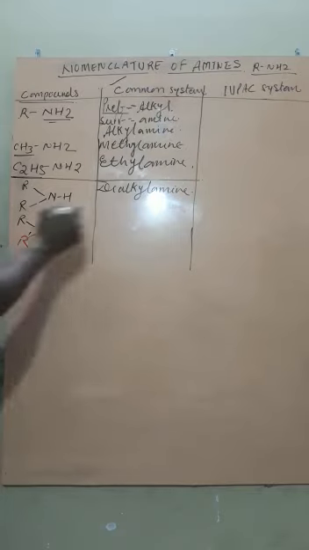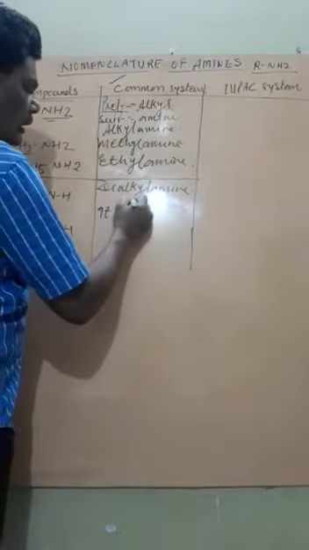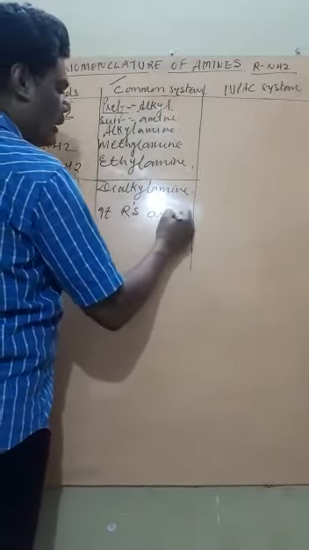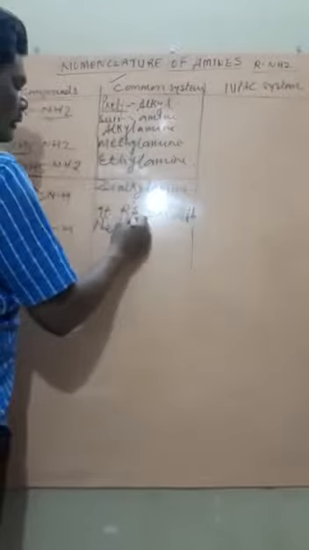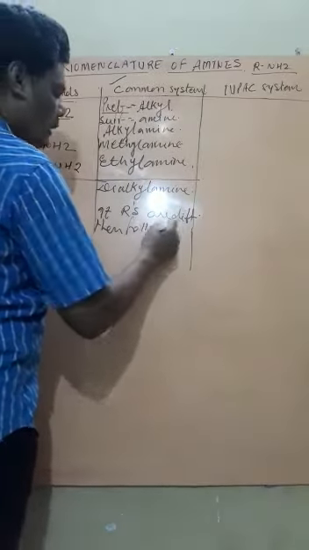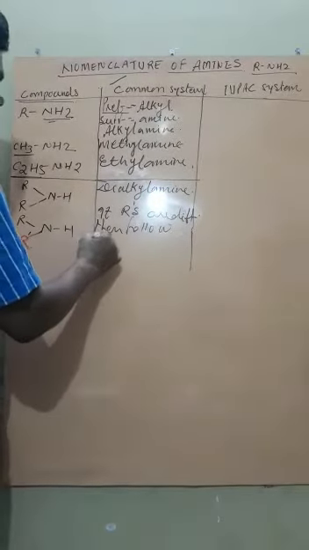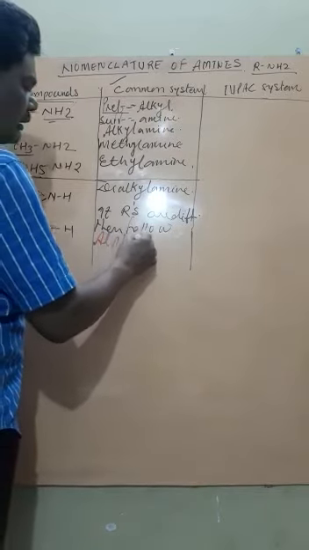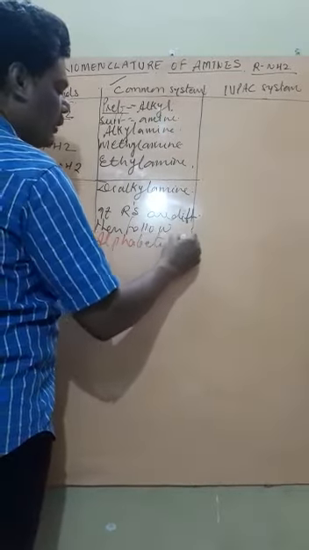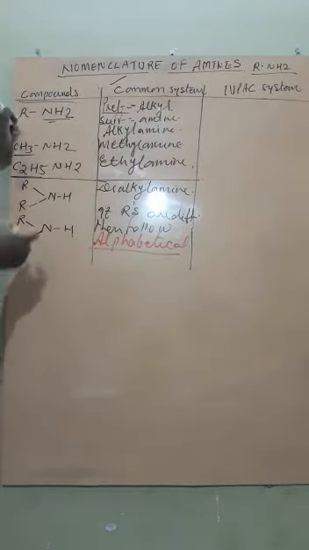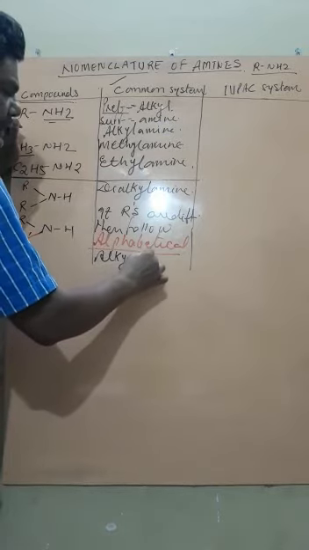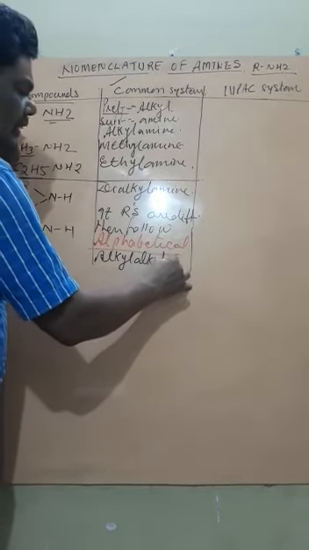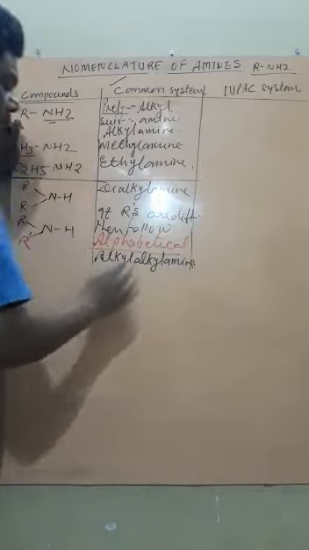But if there are two different types of R, that is, different sizes of R, then follow what? Alphabetical order. By following alphabetical order, the compound will be named as alkyl alkyl amine.